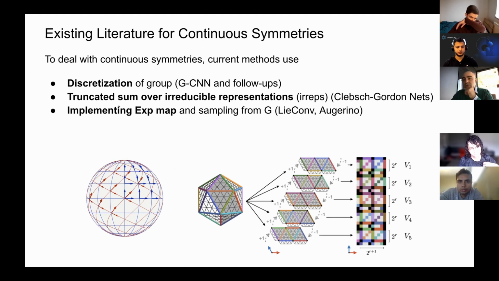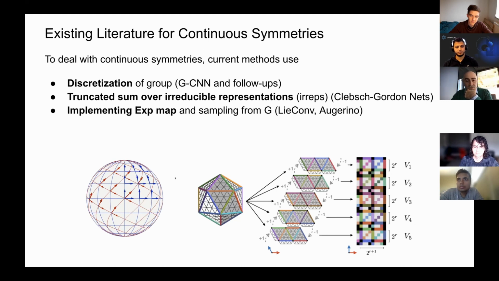Or they do something a little bit more sophisticated, which is they use what are called the irreducible representations of the group, and then do a sum over a few of them. You generally need a lot of them to have an accurate description of the group, but they basically do some truncated sum over the irreducible representations to do this.